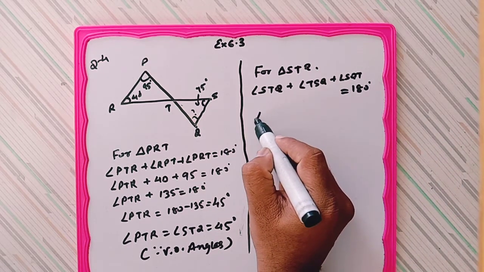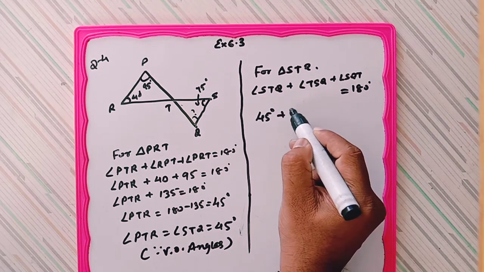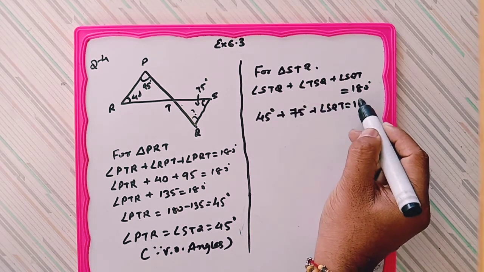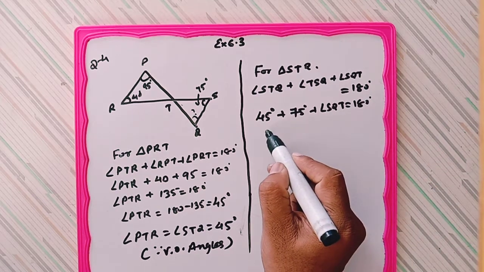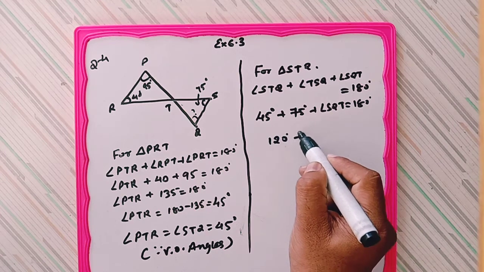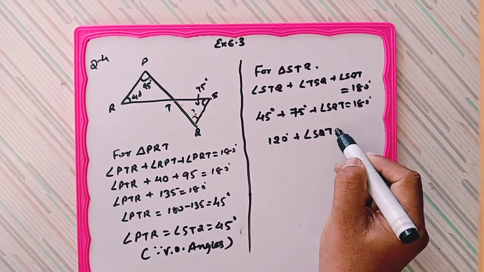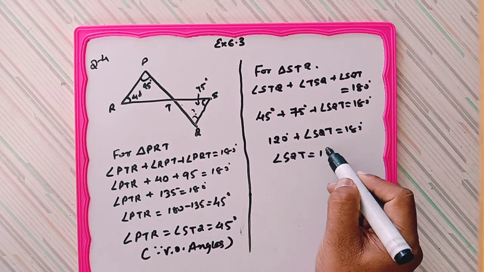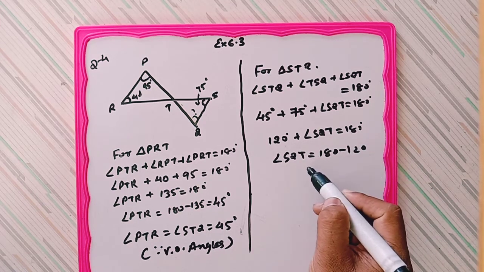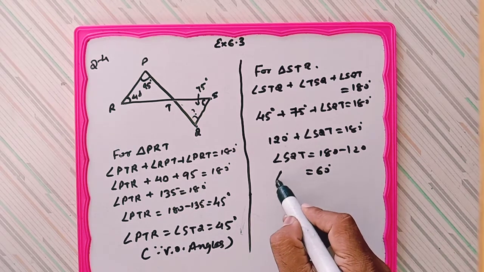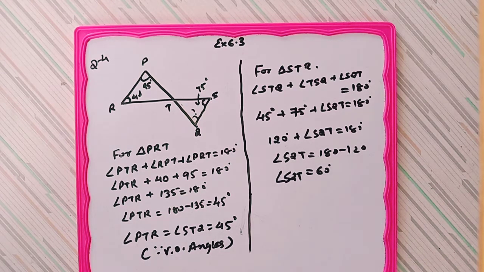So STQ we got 45 degrees, TSQ is given as 75 degrees, plus angle SQT equals 180 degrees. So 45 plus 75 is 120, then 120 plus angle SQT equals 180, and so angle SQT equals 180 minus 120, which is 60 degrees. And so angle SQT measures 60 degrees.